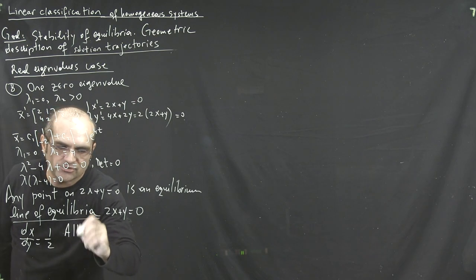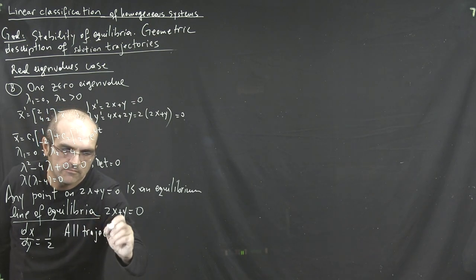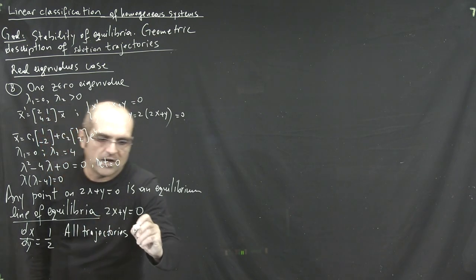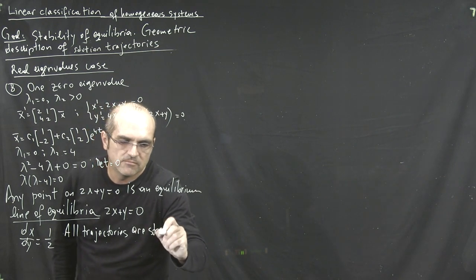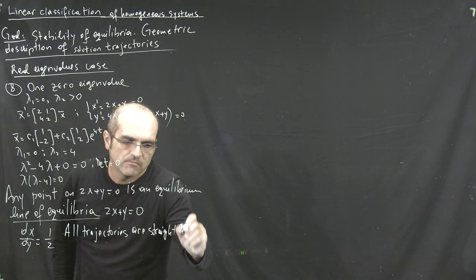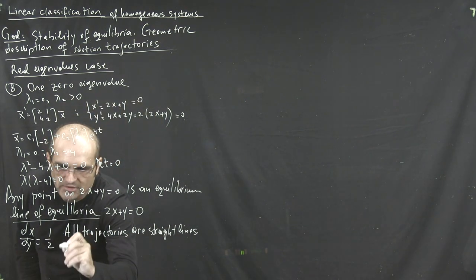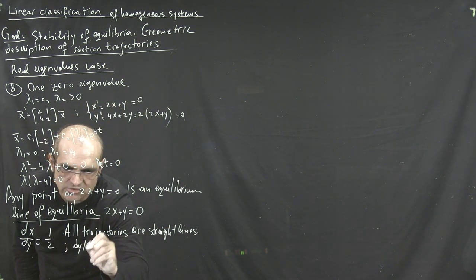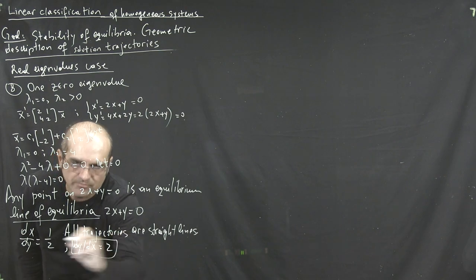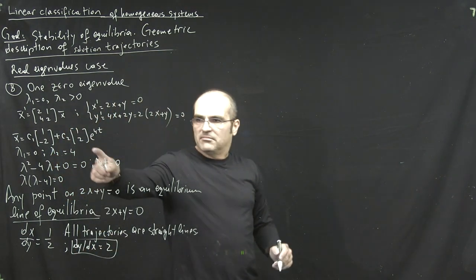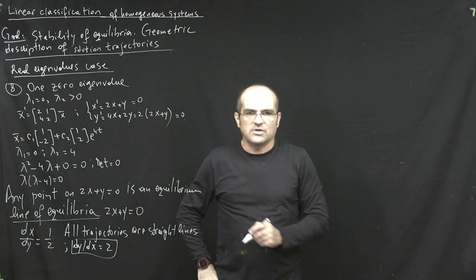So all trajectories are straight lines of slope 2. If you think about dy over dx as the slope of that line, that's 2, which coincides, by the way, with the eigenvector corresponding to 4.